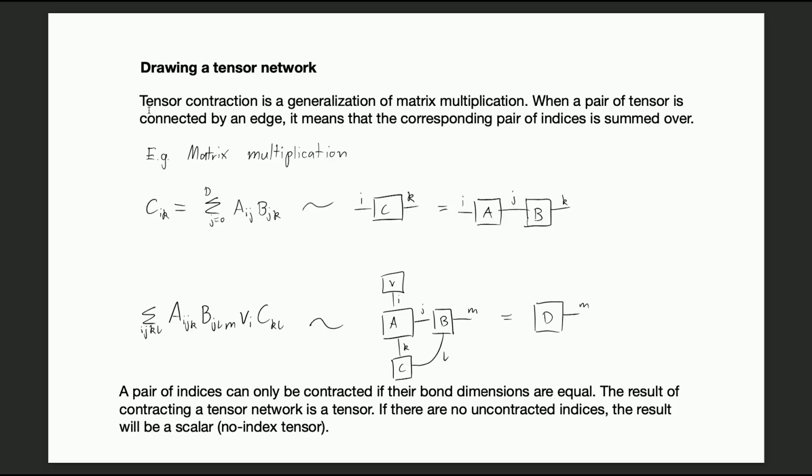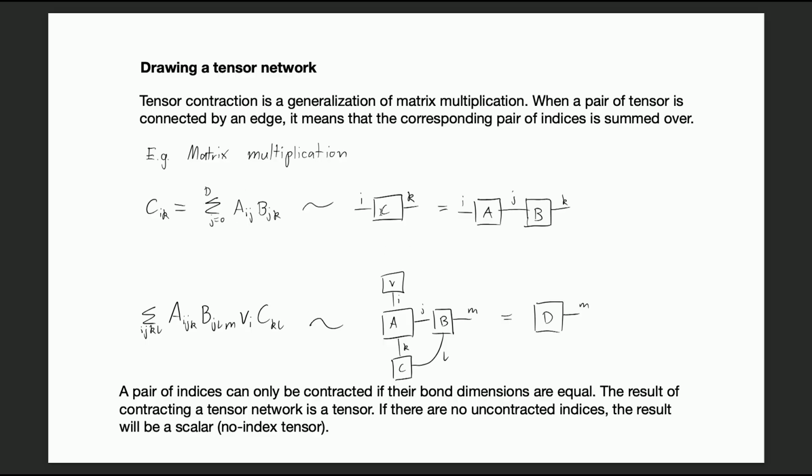So the main operation that we have in tensor networks is tensor contraction. This is indicated graphically when you have a pair of tensors that are connected by an edge, and it means you contract the index corresponding to that edge. By contraction, I mean you sum over that index. The most familiar example of this would be matrix multiplication. I'm sure you're all familiar with matrix multiplication.